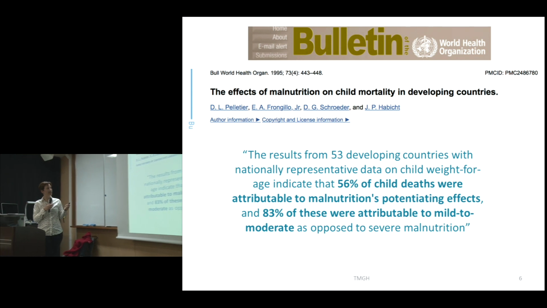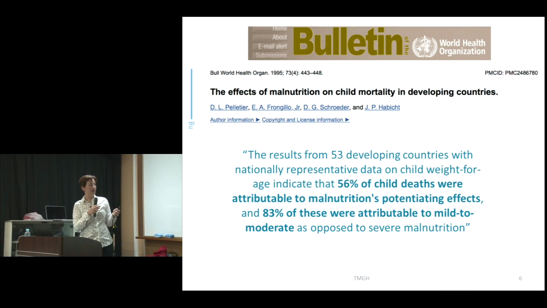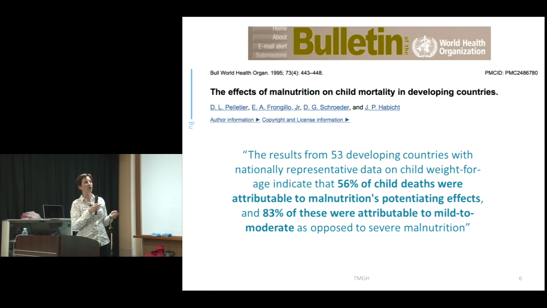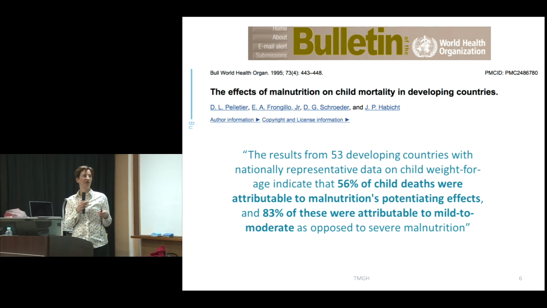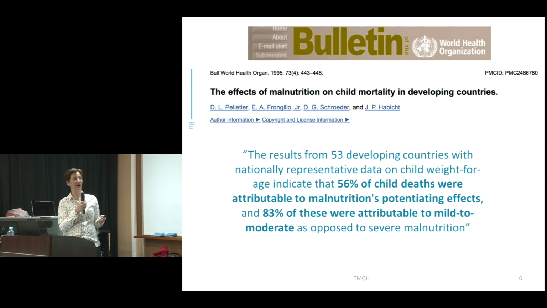So this is 1995, where they did an analysis on the contribution of malnutrition on under 5 mortality. They looked at 53 developing countries and nationally representative data on child weight for age, which is not the ideal, but that was what's most available, and indicated that 56% of child deaths were attributable to malnutrition's potentiating effects.